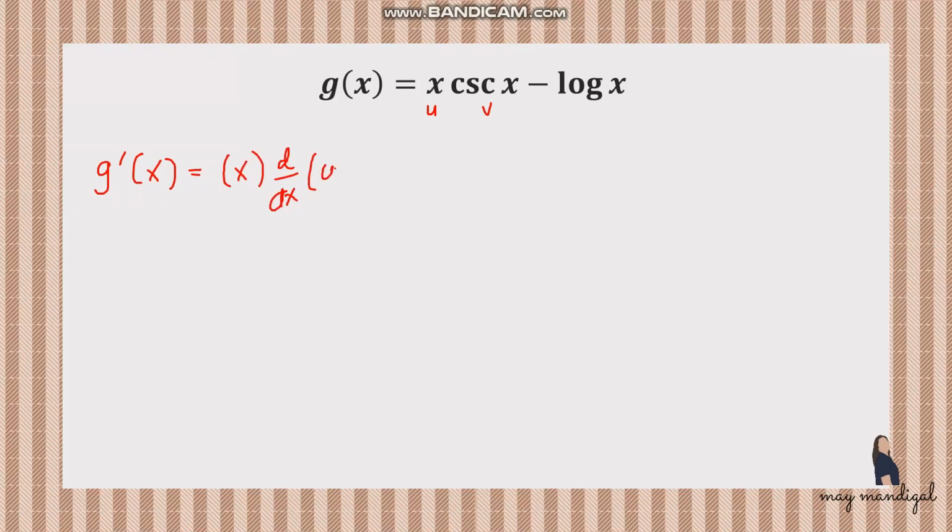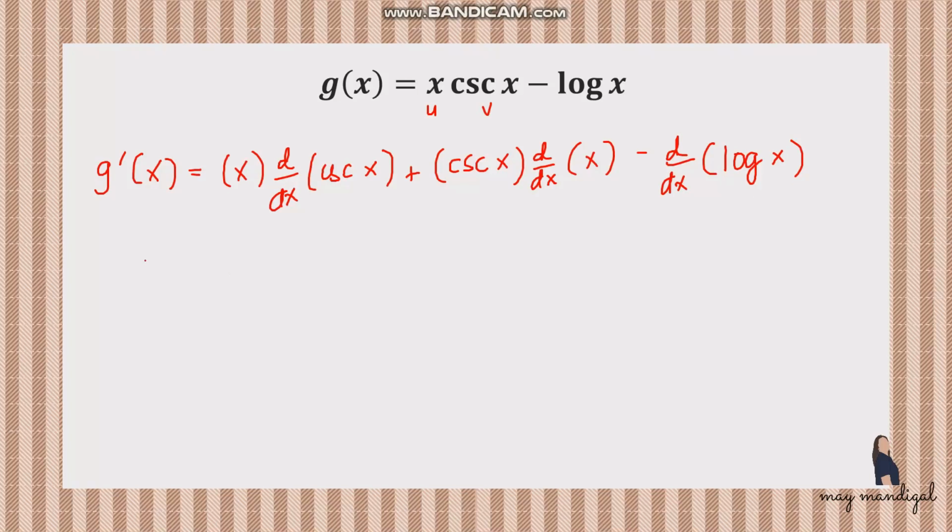So let's have g prime of x is equal to u dv cosecant of x plus v du, which is x, minus, let's get also the derivative of the logarithm. So derivative of logarithm of x. So here we have x.